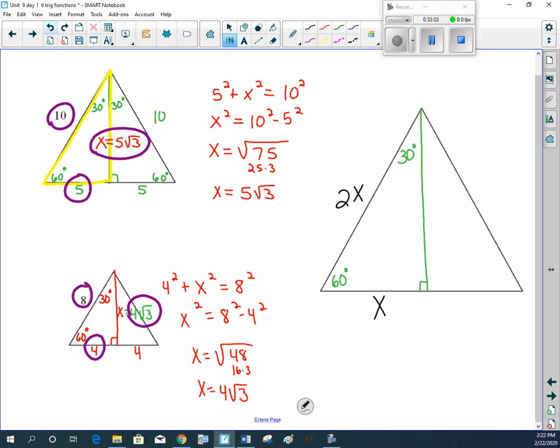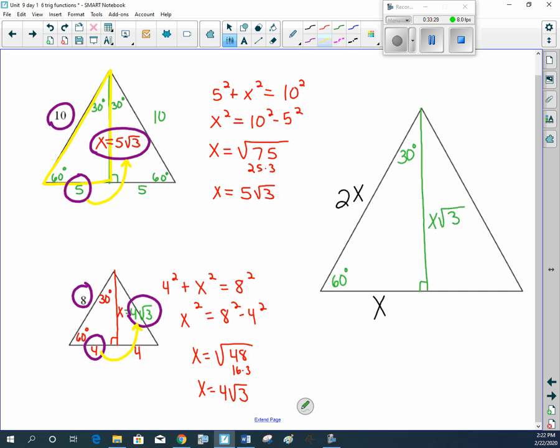And then if you look close, it looks like to me that this side 4 gets multiplied by the square root of 3 to make 4 root 3. Up here, the 5 was multiplied by the square root of 3 to get 5 root 3. So then I think this side is always x times the square root of 3.